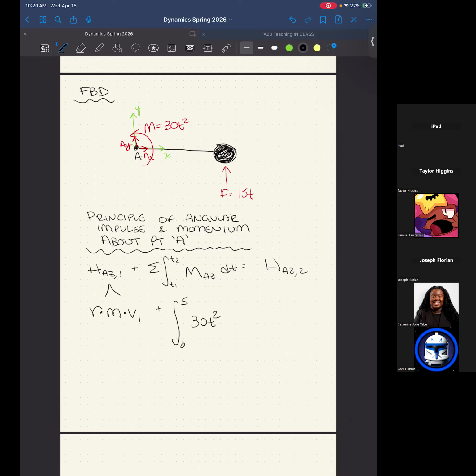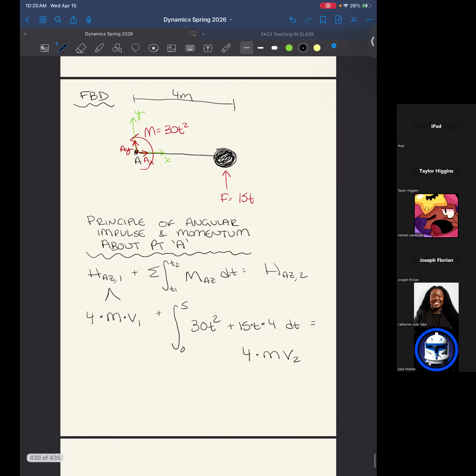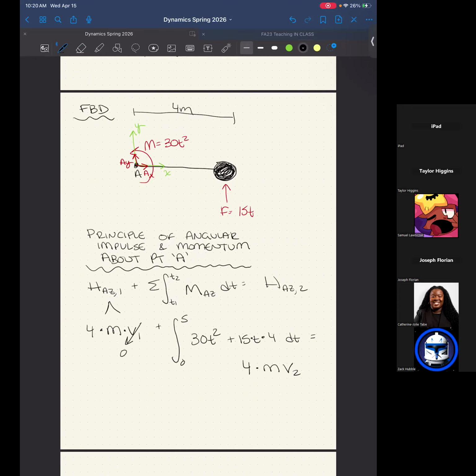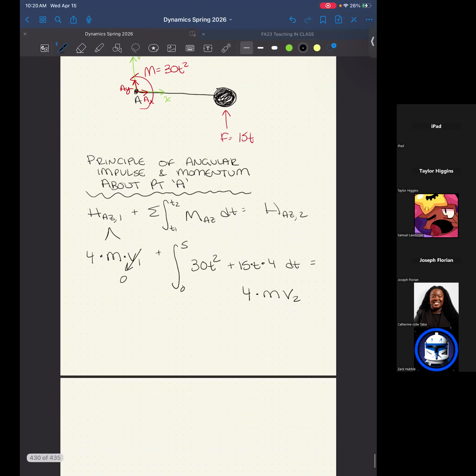And then that force creates a positive couple as well. So plus 15t times its moment arm of 4 meters, I believe. Is that right? dt equals r m v2. And the r is the distance between the point and the particle, which here is that same moment arm of 4. We're starting from rest, so initial velocity is 0. So we should just have to do this integral.